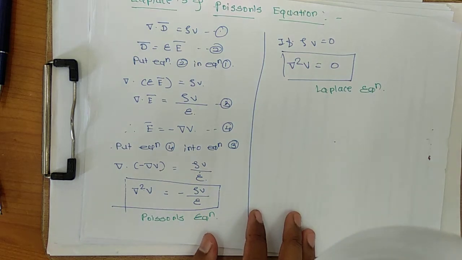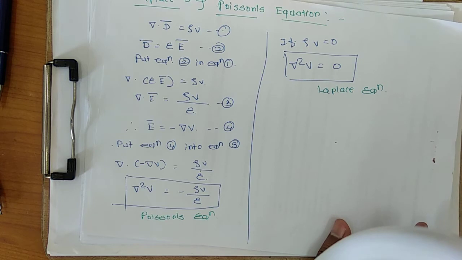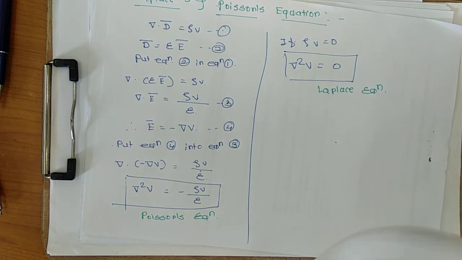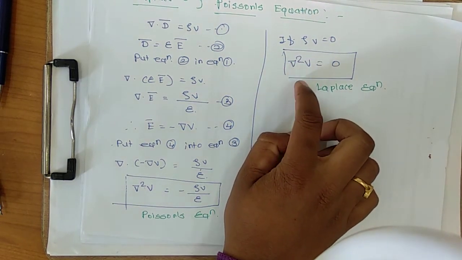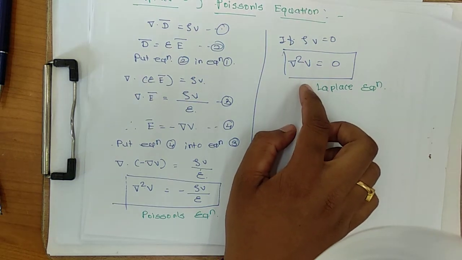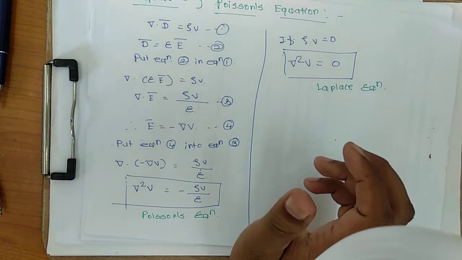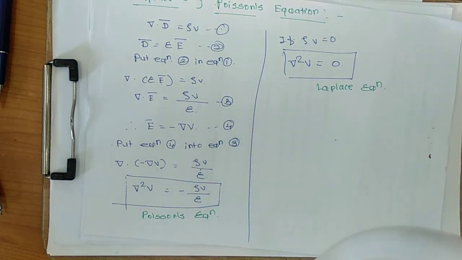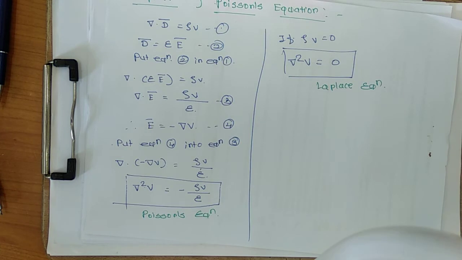First we will represent del square v in the three different coordinate systems, Cartesian, cylindrical and spherical, because we have to use them in the numericals. Only the Laplace equation we have to convert into the three coordinate systems.